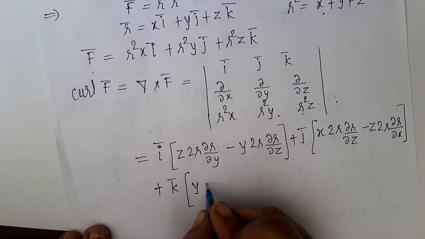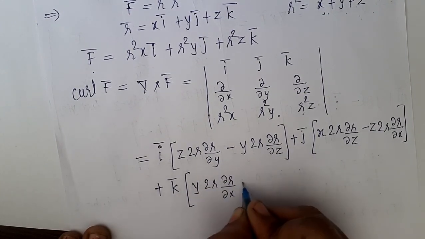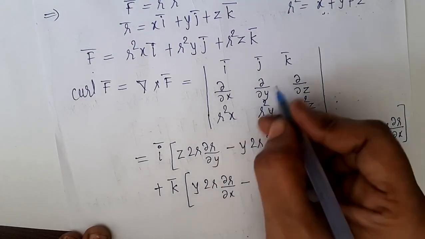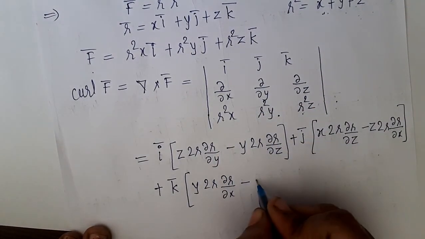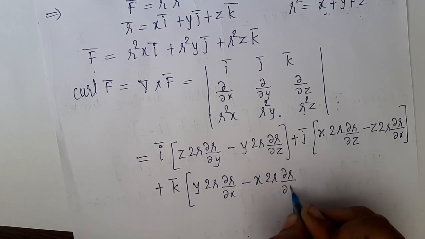So y as it is, 2r del r by del x, minus del by del y of r square into x. So it is x as it is, 2r del r by del y.